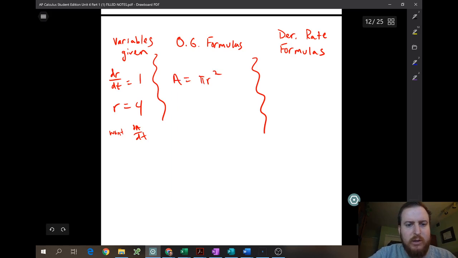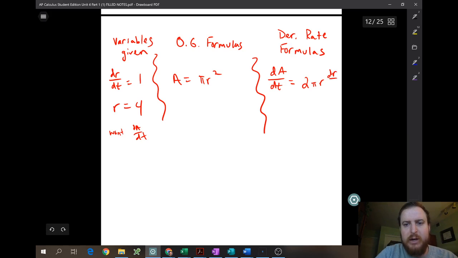And in tomorrow's lesson, you're actually going to have to solve some things in this box, and you may have to solve for the area or solve for something. But for today, we don't have to do that. And then in the right box, or the right side, we're going to take the derivative of this guy. So the derivative of A was dA/dt, and then pi r squared gave us equals 2 pi r dr/dt.